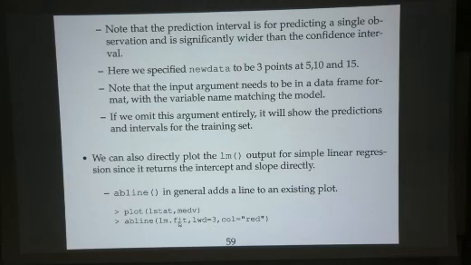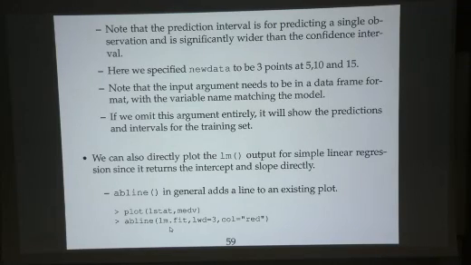So for a straight line you only need the intercept and the slope. So when you write abline of lm.fit, it gives the intercept as the intercept of the linear model and the slope as the fitted coefficient of the linear model.